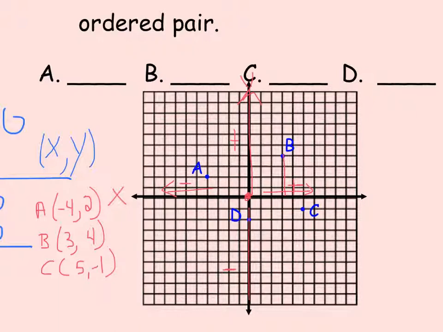So our x-coordinate is going to be 0, but we have to go down 1, 2. So it's 0, negative 2. Please remember when you're naming ordered pairs, you use parentheses with a comma in between. The x tells us how far we go to the left or right from 0. The y tells us how far we go up or down.